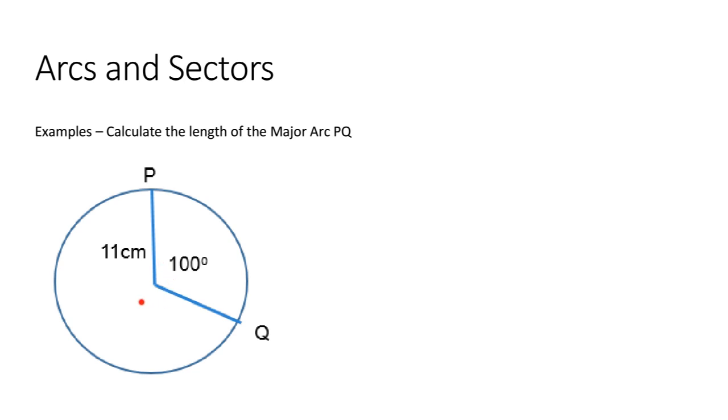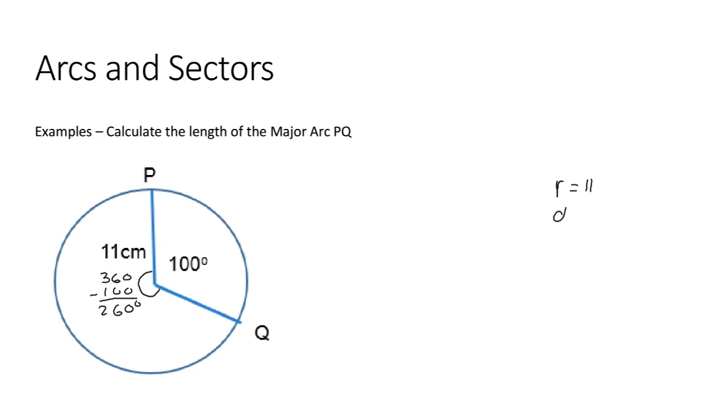So in order to get the missing angle, do a quick calculation. We're going to do 360 take away 100. So we've got 260 degrees. That's that angle there. That's the major angle that we want. So again, I'm going to go to the side and I'm going to write out my list.